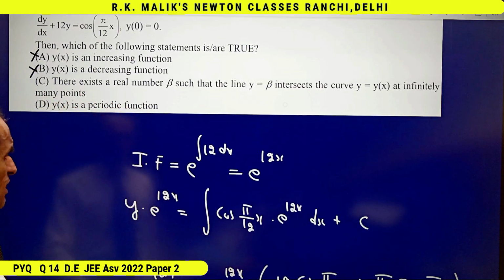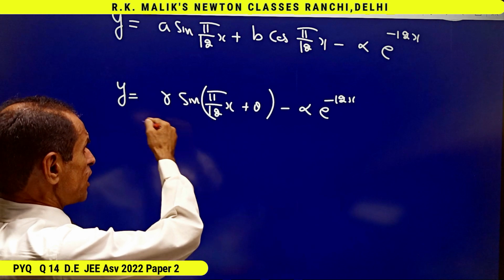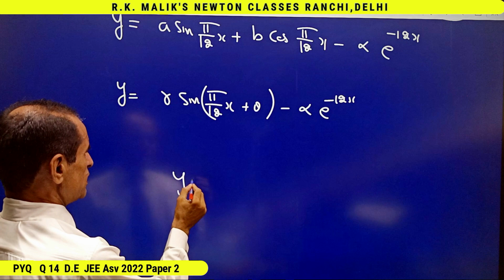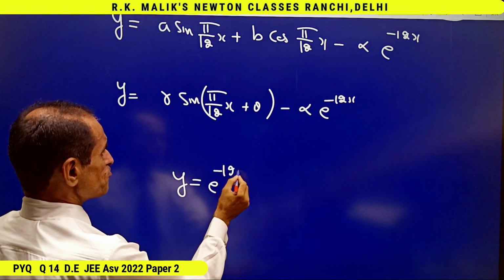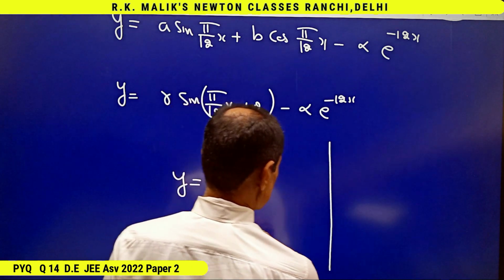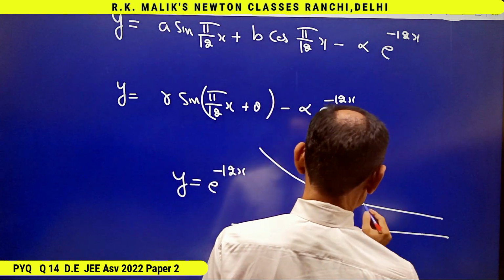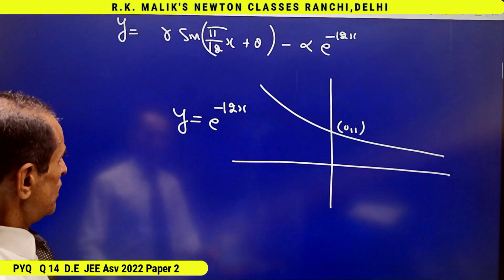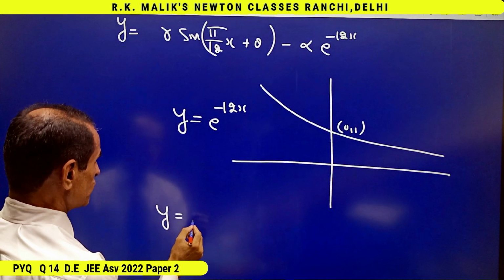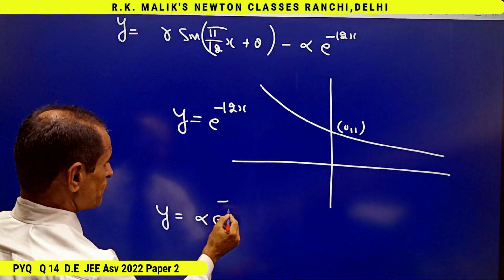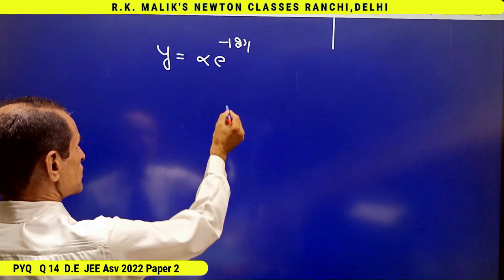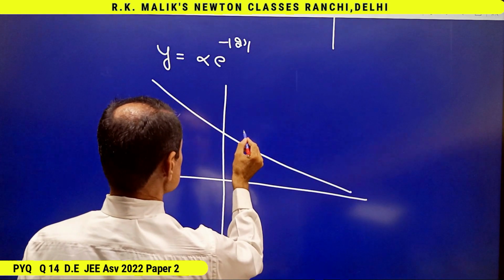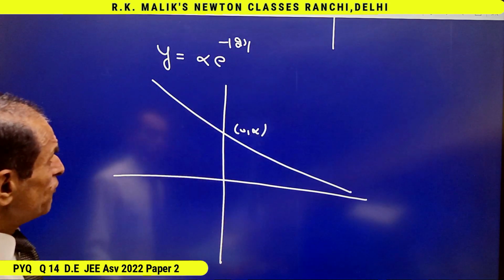And to check the choice C, first I make you understand the graph of this. As I told you in the very beginning, the graph of y equal to e power minus 12x will be this, this point is 0, 1. The graph of y equal to alpha e power minus 12x will be this, this point is 0, alpha.